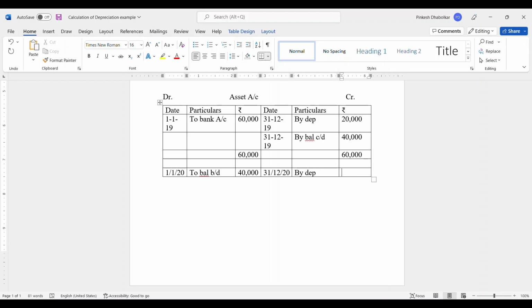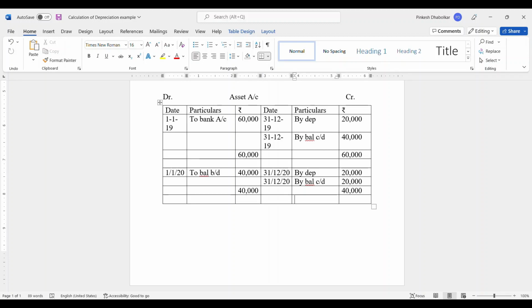Amount will be again 20,000. Again on the same date we will be passing one more entry, that is by balance carried down. This time the difference is how much? 20,000. I am writing down the total amount for that year, 40,000. So we are done with the transaction for 2 years.